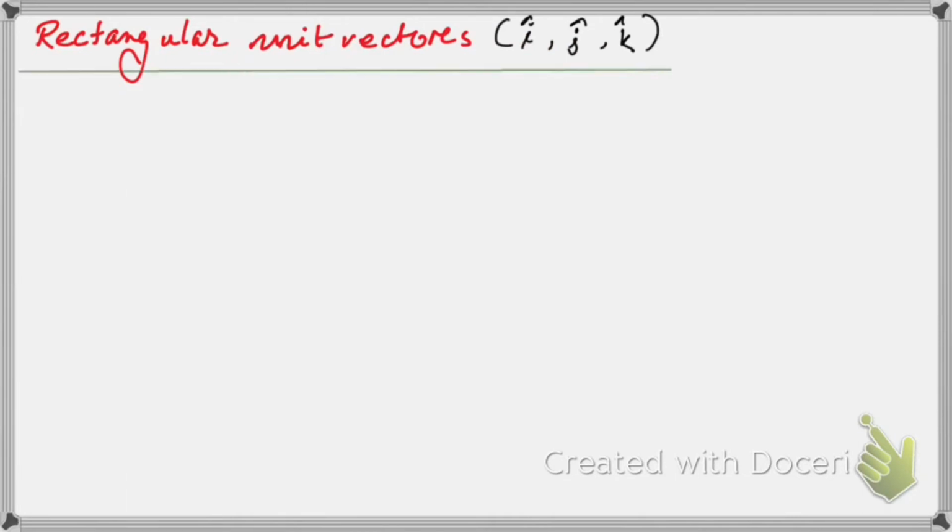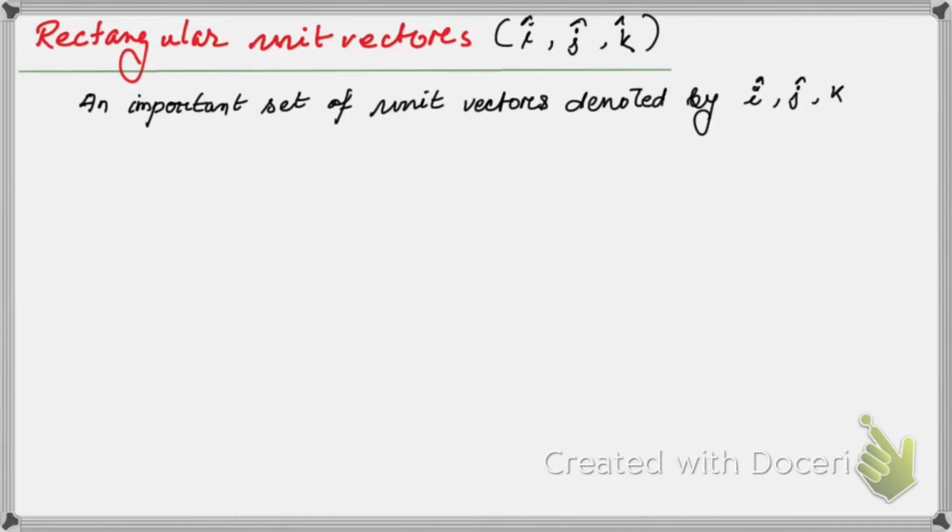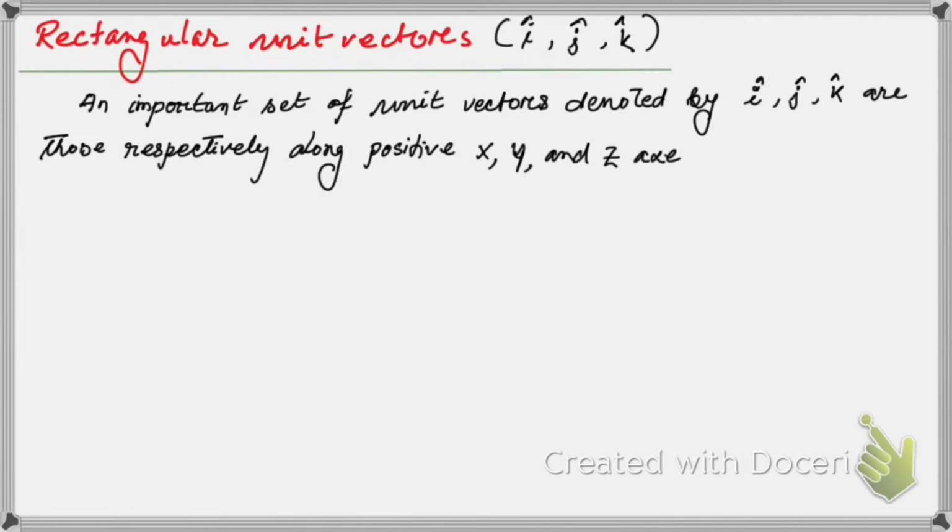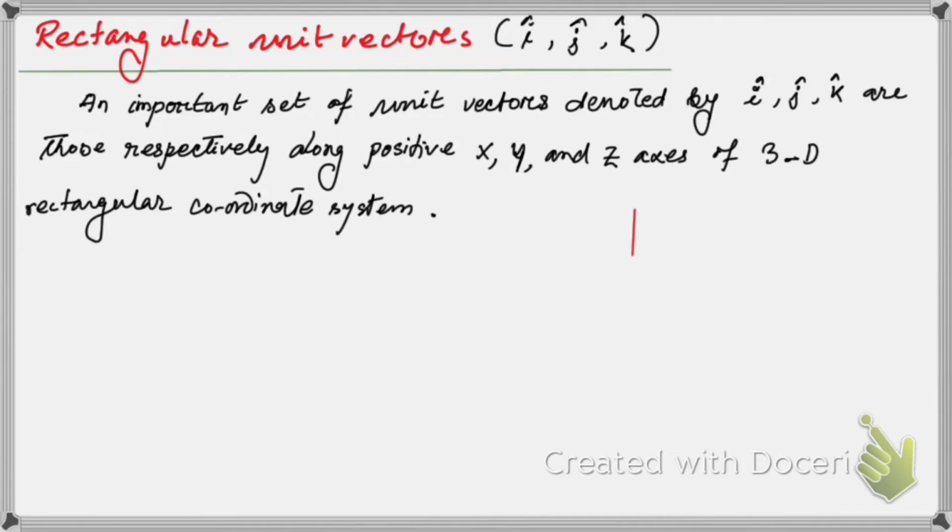Now let us discuss rectangular unit vectors. Here you see i cap, j cap, k cap. So what are those? An important set of unit vectors, denoted by i cap, j cap, k cap, represent respectively the positive x, y, and z axis directions of a 3D rectangular coordinate system, right? Here we have taken x, y, z axes, mutually perpendicular.